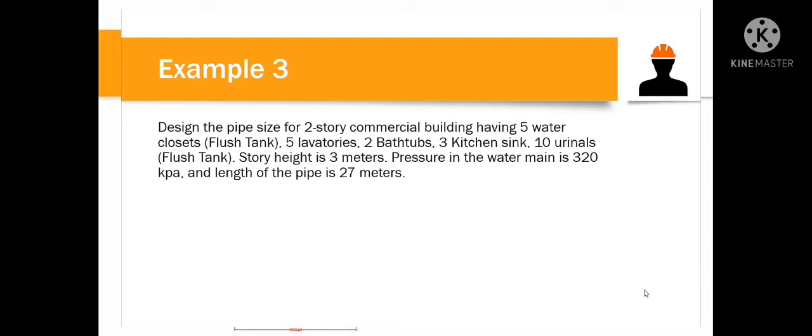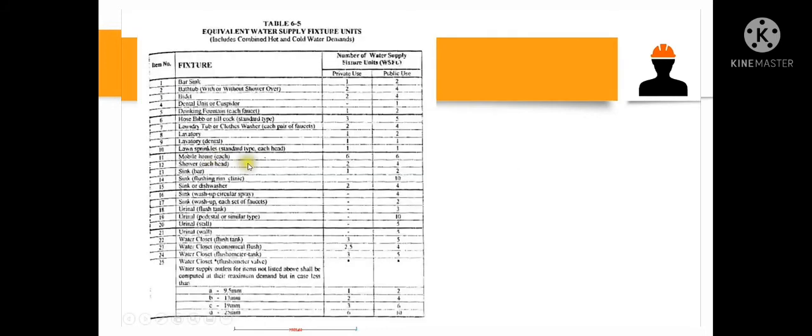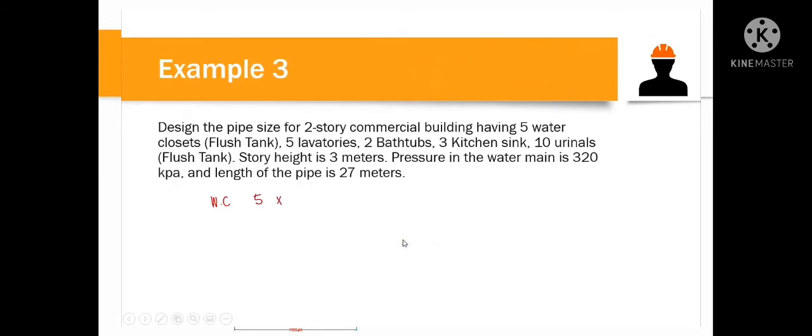Now, let's enumerate the fixtures. For water closet, we have 5 water closets times, now again, this is public use, so we refer to the public use column in table 6-5. Water closet flush tank, we have 5 fixture units, so 5 times 5, this is WSFU.